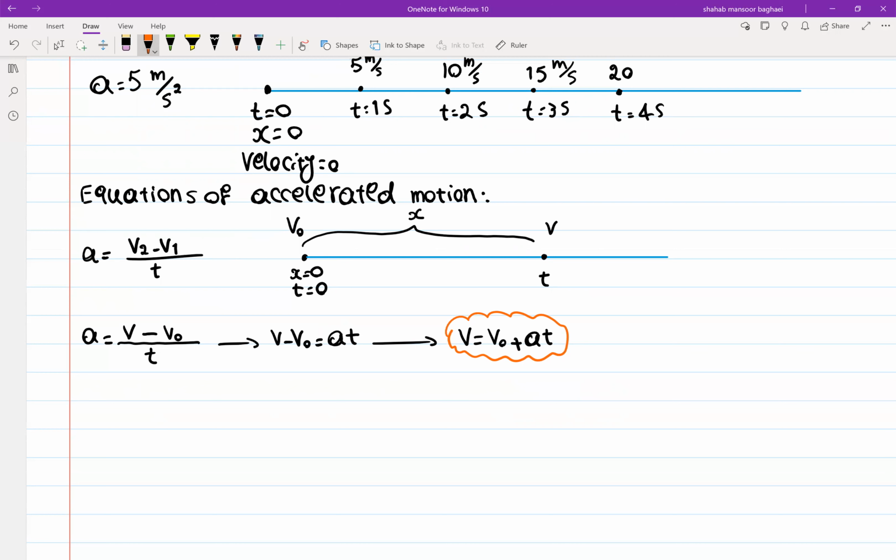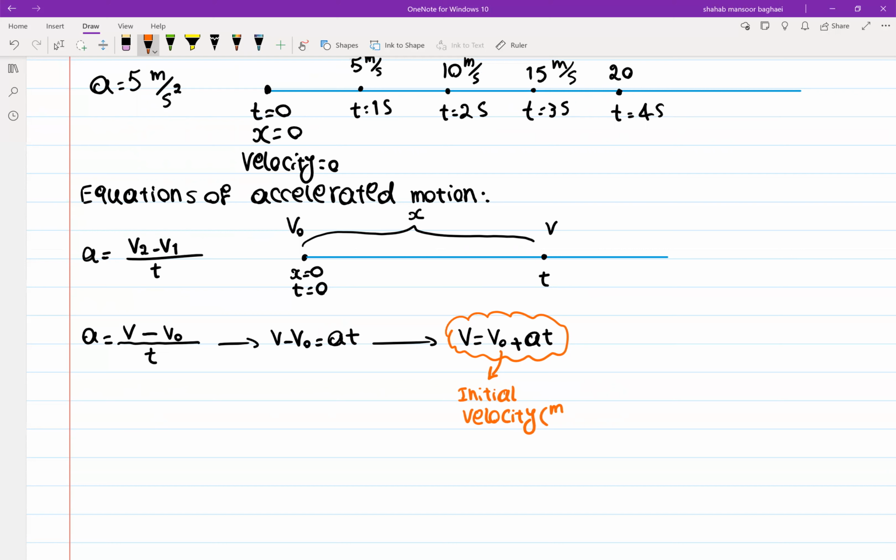What is V0? V0 is initial velocity, or velocity at t equal to 0. Sometimes it can be 0, sometimes it is not 0. It depends on the condition of your movement.